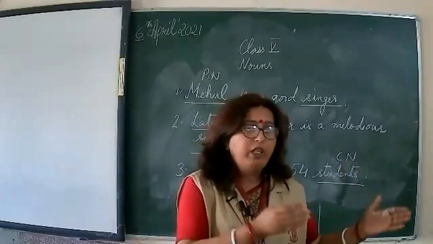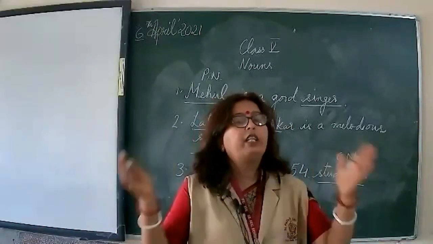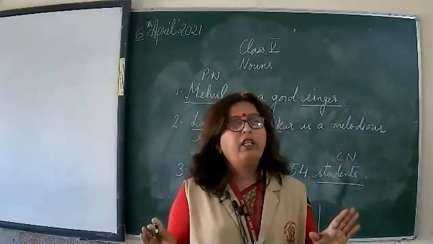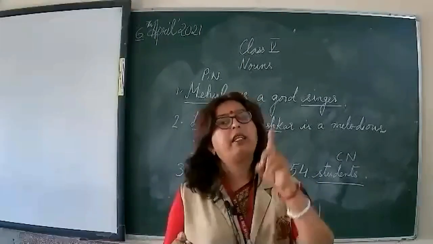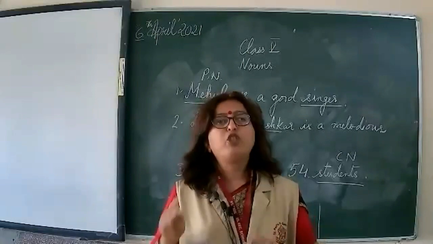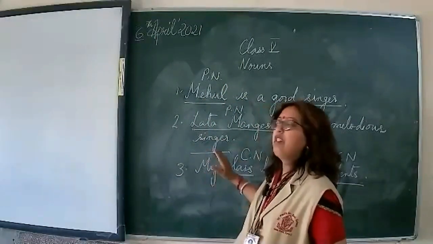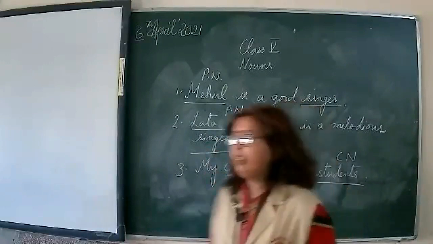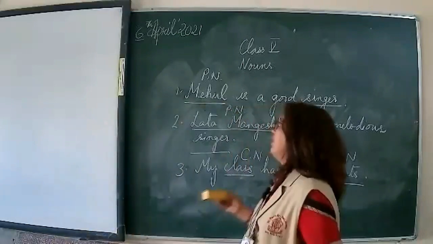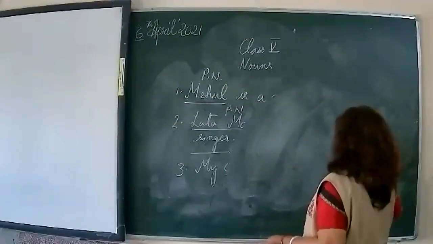Like it can be a city, it can be a town, it can be a lake, it can be a river, it can be a mountain, girl, boy, animal, anything, until and unless it has a particular name. So here we have classified the two types, proper nouns and common nouns. Clear? Right. After this, I move on to the third category or the third type.